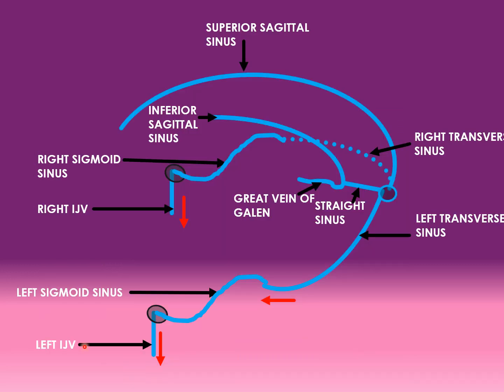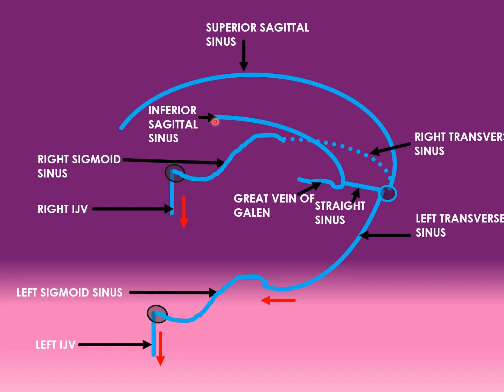Now let's see the layout of the dural venous sinuses. The superior sagittal sinus continues as the right transverse sinus. This transverse sinus continues as sigmoid sinus, which enters into the jugular foramen. Then it continues as the internal jugular vein.